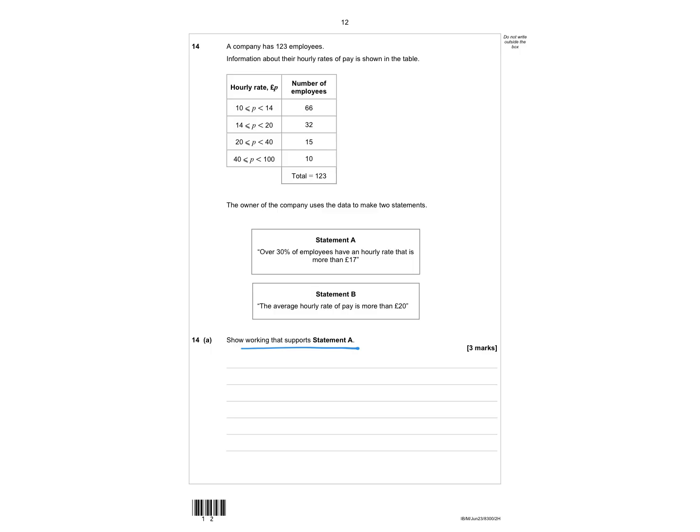Now, more than £17. So the employees in these 2 categories earn more than £17, and then some of the employees in this category earn more than £17. So we're going to assume, because you've got a group that goes from 14 to 20, and we know that there are 32 people in that group, that 17 is the midpoint of 14 to 20.